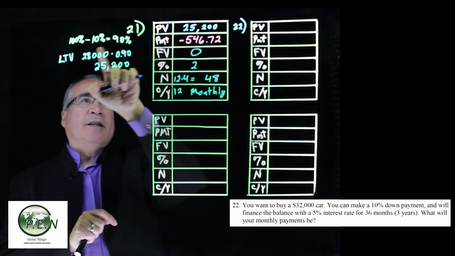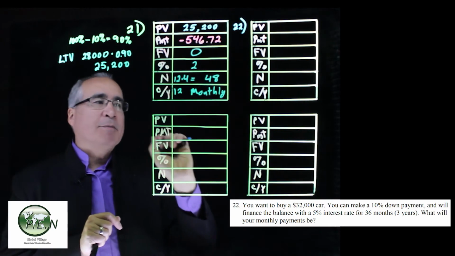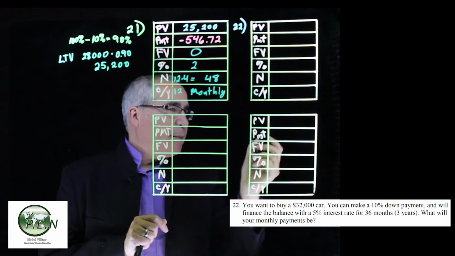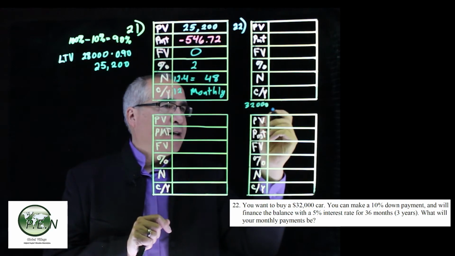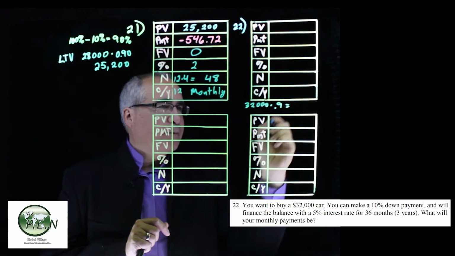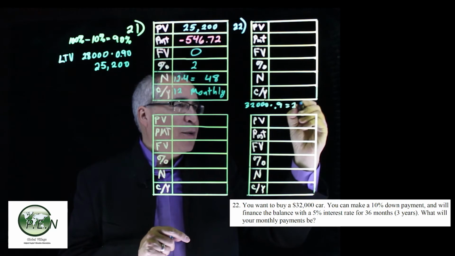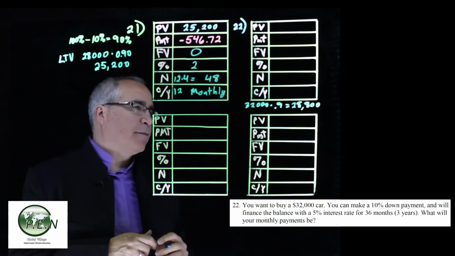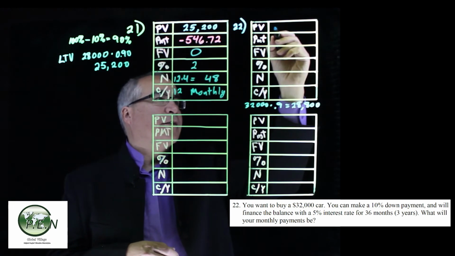It's the same calculation as over here, 100 minus 10, so it's a 90% loan, but the amount has changed. It's $32,000 that the car costs. So we multiply that by 0.9, and we will get that our loan will be $28,800. Again, that's a 90% LTV, loan to value, 10% down.